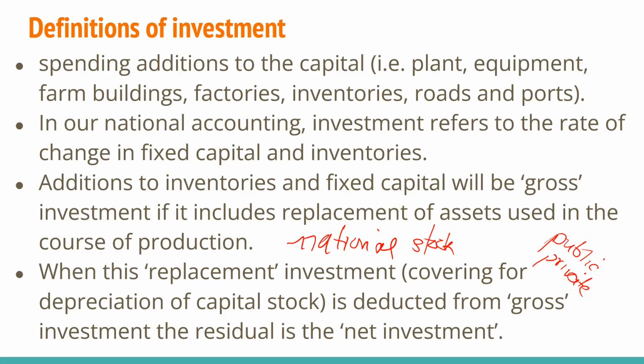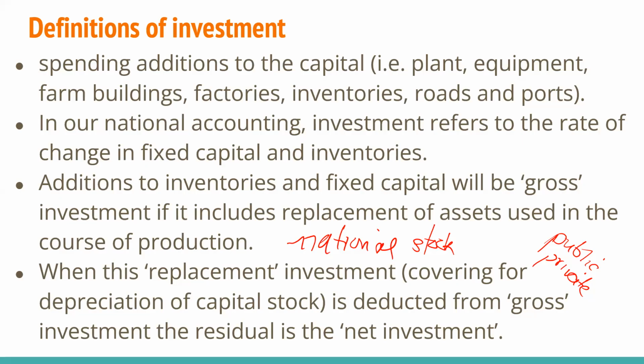We put these forms of capital goods not so that we are able to derive direct utility from them, but for the primary reason that we'll be able to produce some units of goods, especially goods, but sometimes also services.